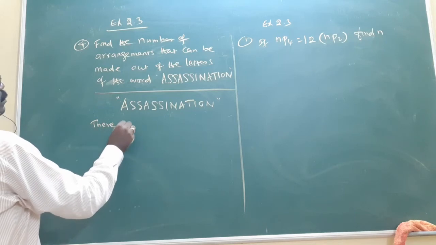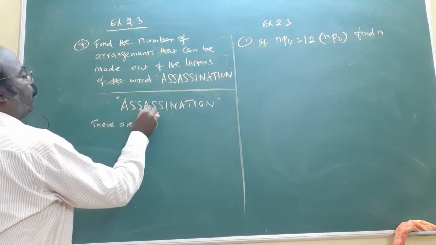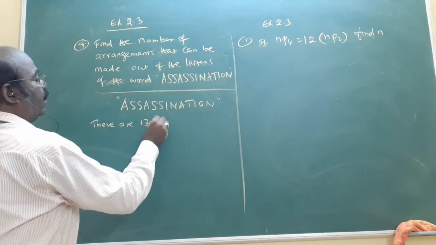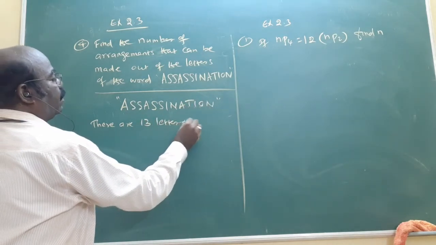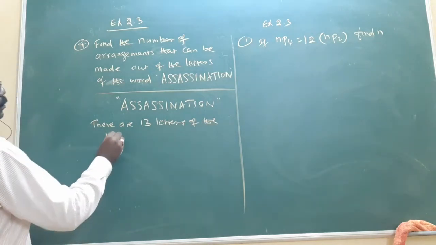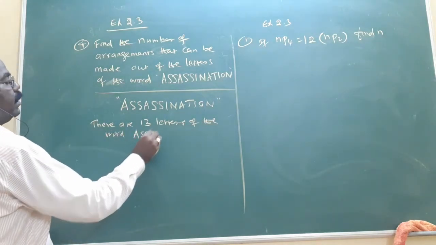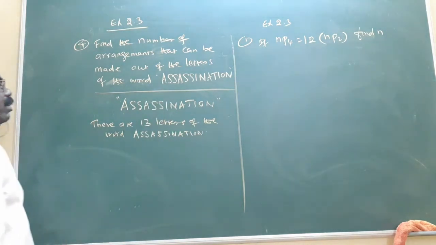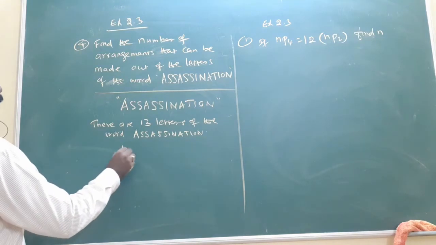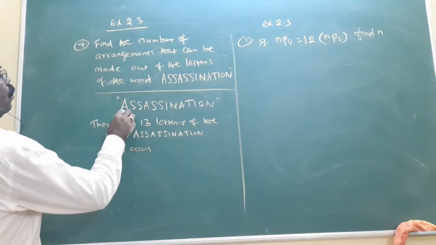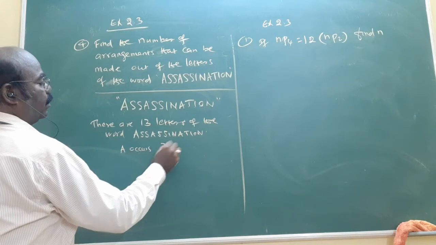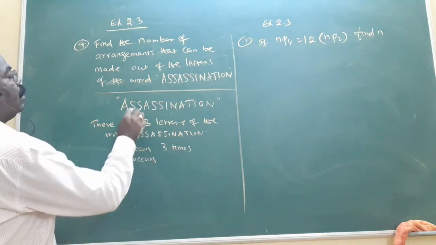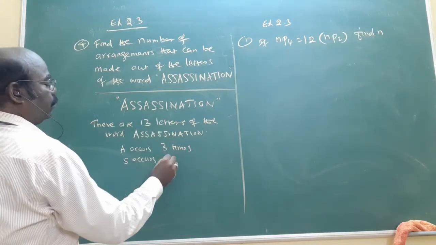There are 1, 2, 3, 4, 5, 6, 7, 8, 9, 10, 11, 12, 13 letters in the word assassination. Am I right? Next, A occurs 1, 2, 3 times. S occurs 1, 2, 3, 4 times.